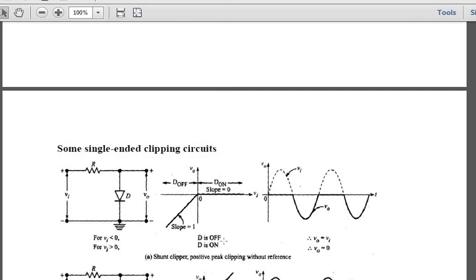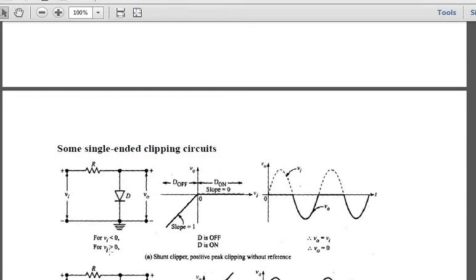Okay, so D is on and D is off. Your output voltage V0 is equal to Vi in the first condition when the diode is off, and output voltage V0 is equal to 0 when the diode is on, because no current will be flowing there. See the condition for Vi, with no reference level considered. When input voltage is less than 0, the diode is off and output voltage equals input voltage, so it is a short.